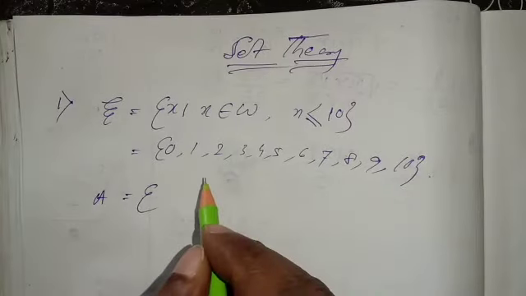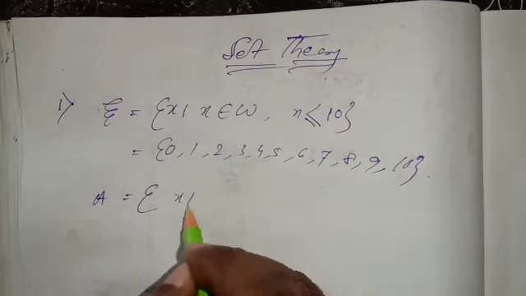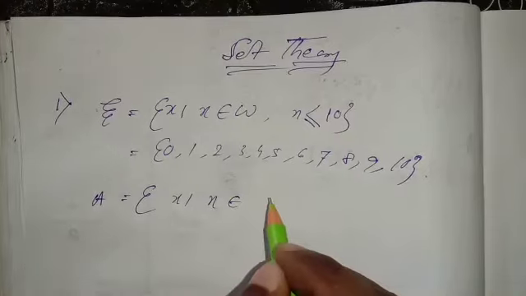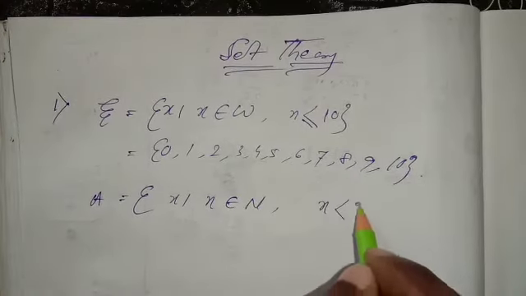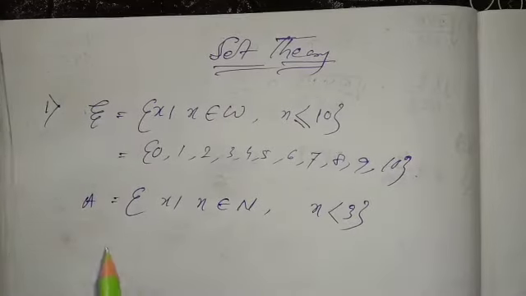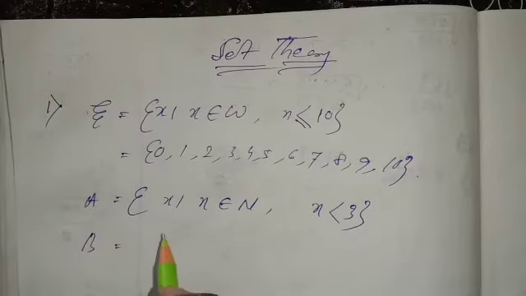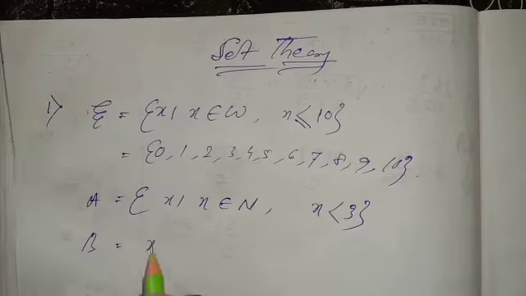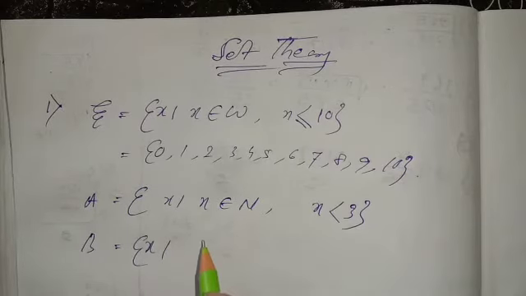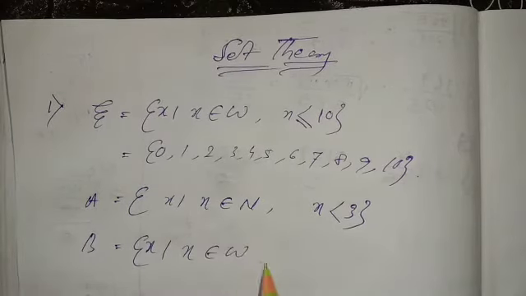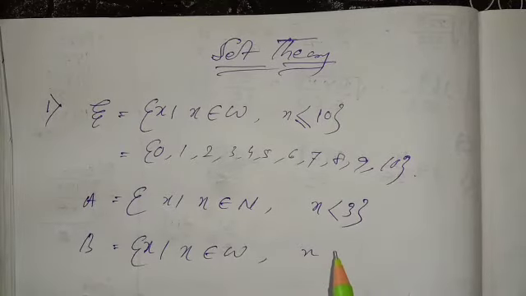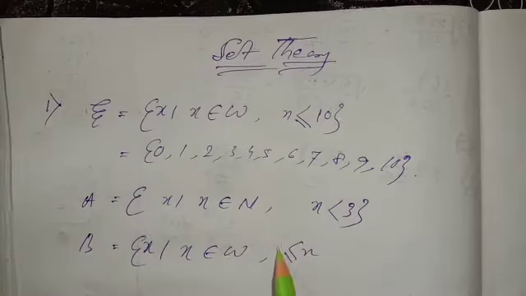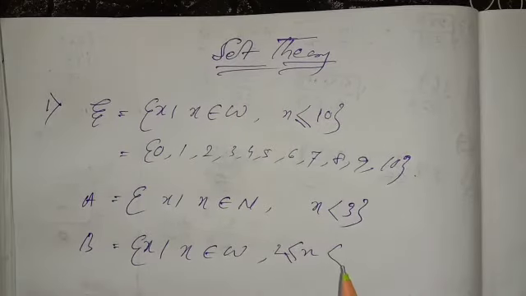A given x such that x belongs to natural number and x less than 3. B given x such that x belongs to whole number and x greater than equal to 2 and less than 10.